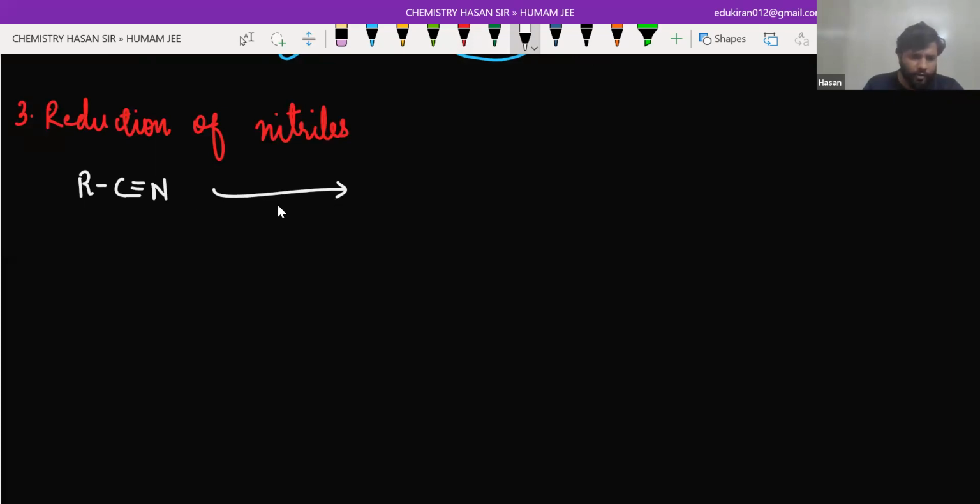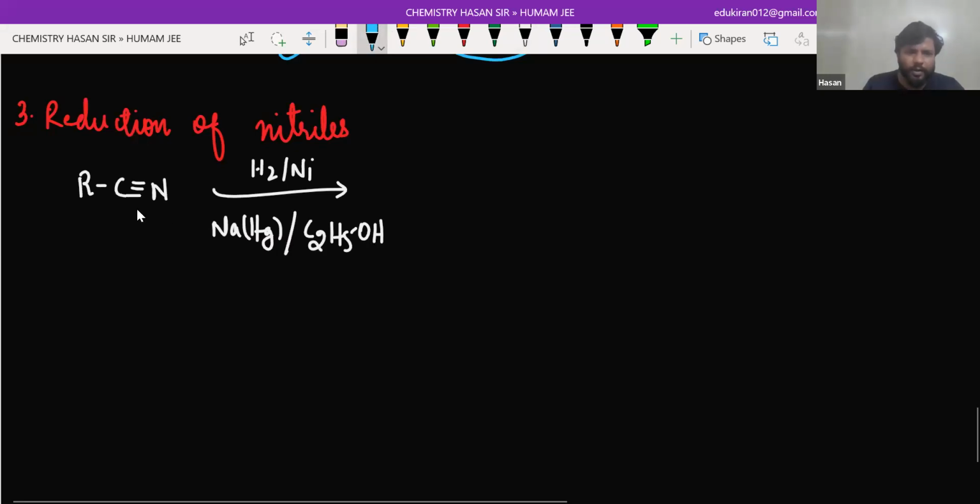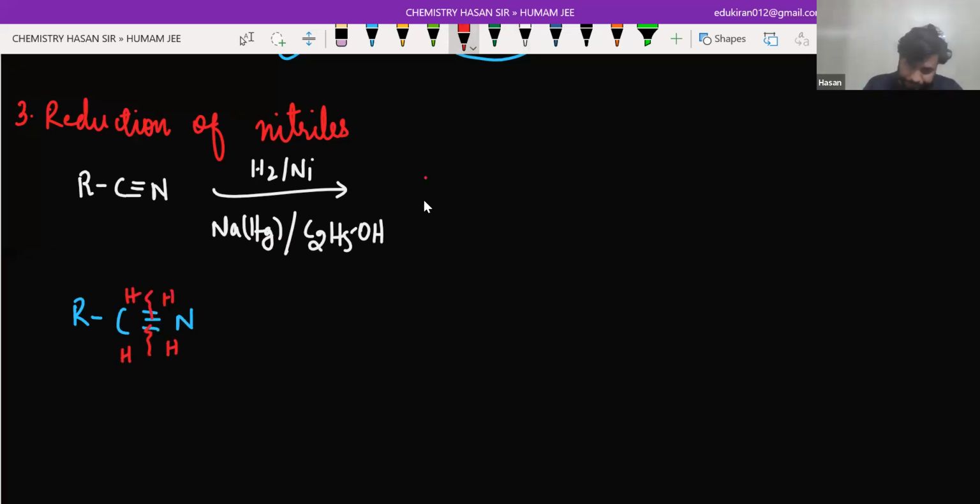When you react this with H2 in the presence of nickel, or either you can use sodium amalgam and C2H5OH, what will happen is very simple. RC triple bond N, hydrogen will be added, hydrogen will be added, hydrogen will be added, hydrogen will be added. So it becomes RCH2NH2.